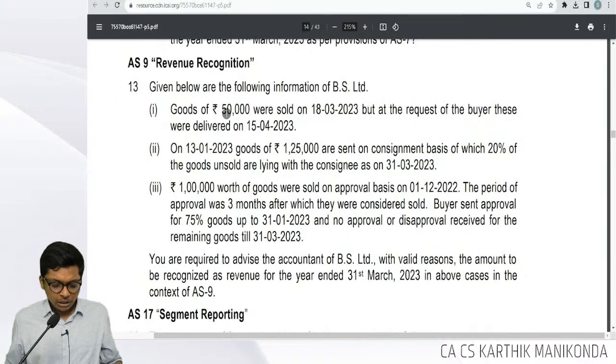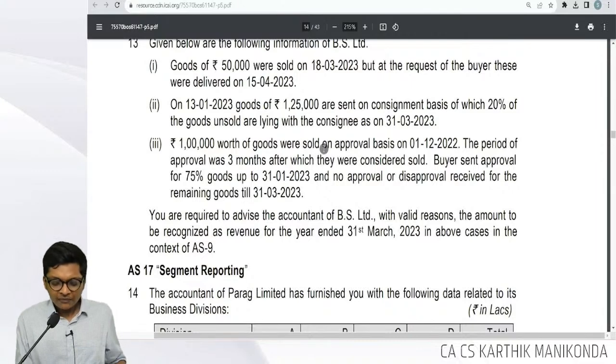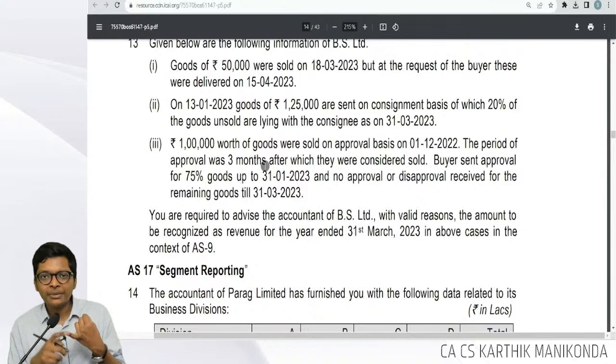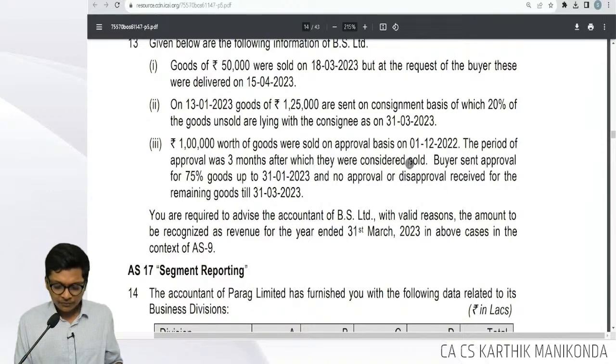Next, again sale or return basis. 1 lakh worth of goods were sold on approval basis on 1st December 2022. Okay, the period was 3 months. That means December, Jan, Feb. It should end by Feb. Buyer sent approval for 75% of the goods up to 31st Jan and no approval is received for the balance.